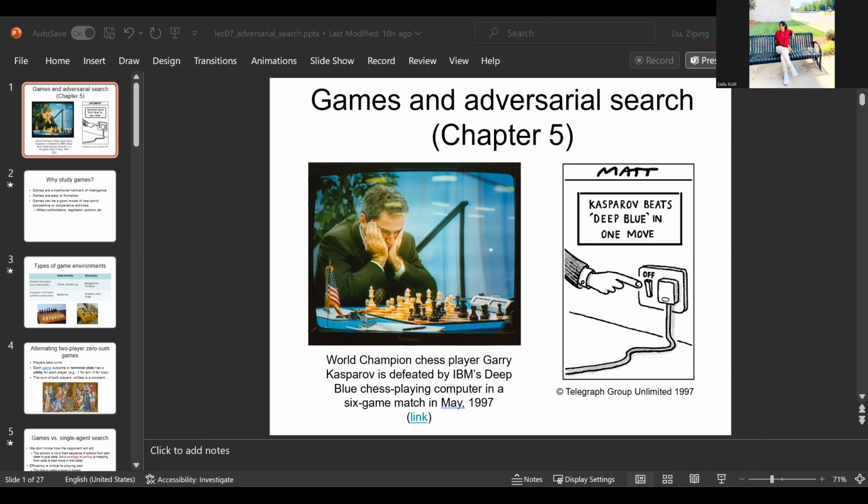The W value here is the material value of a piece for chess, and the F is the advantage in terms of that piece. So you can use this kind of information. And how do we find the evaluation function? You may learn it from a game database, or have the program play many games against itself.